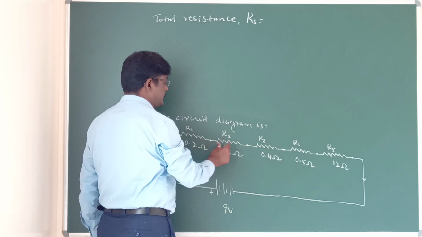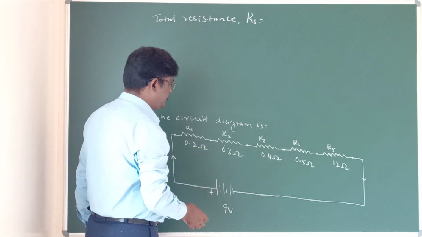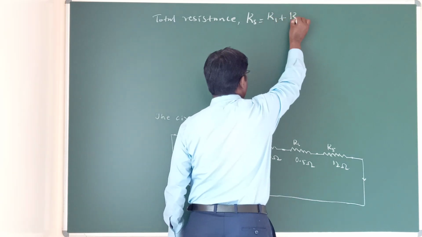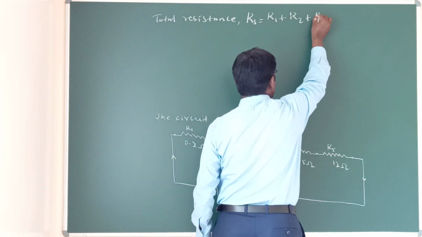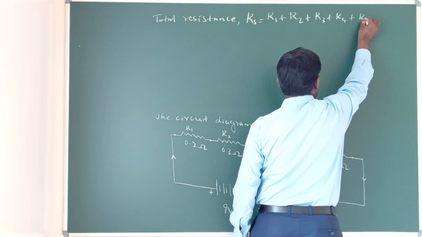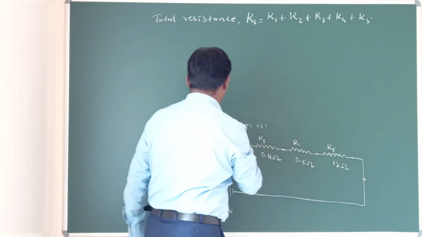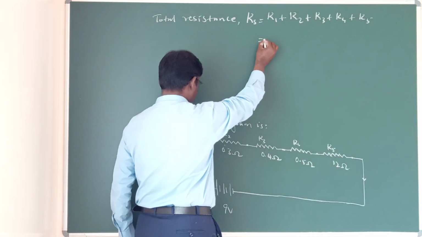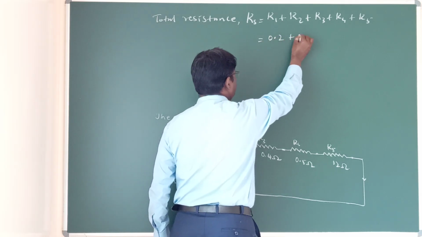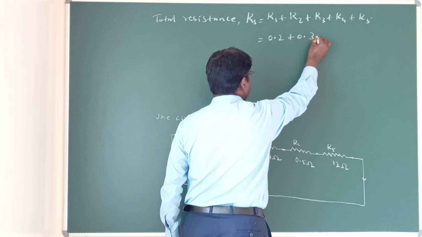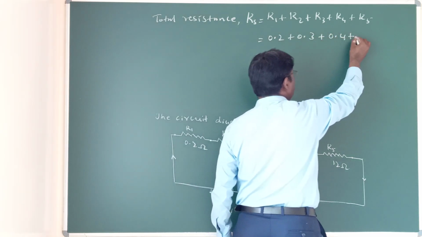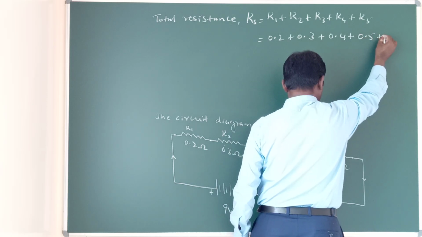Because here the resistors are in series connection. Rs equal to R1 plus R2 plus R3 plus R4 plus R5, that is 1, 2, 3, 4, 5. Substitute the values: 0.2 plus 0.3 plus 0.4 plus 0.5 plus 12.